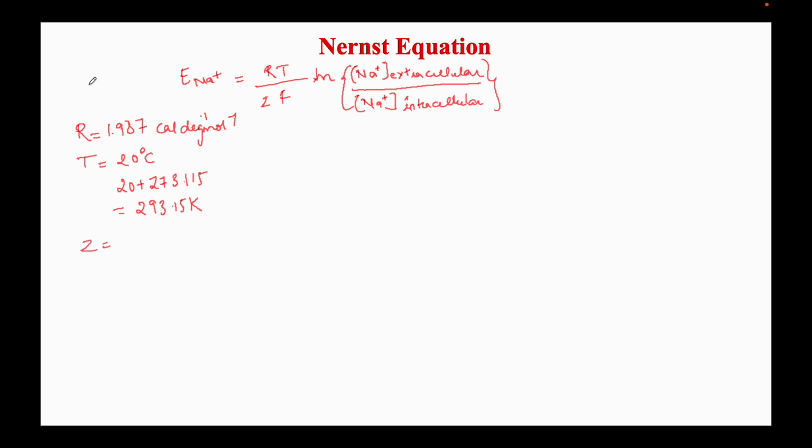Z is the valency of sodium. Sodium has a total of 11 electrons, occupied as 2, 8 and 1. This one electron is donated by the sodium to become Na plus, so it has valency plus 1. And the Faraday's constant, they have given the value to be 23062 calorie mole inverse volt inverse.